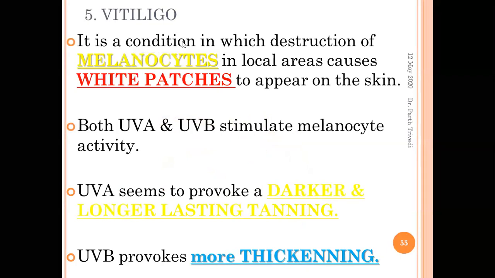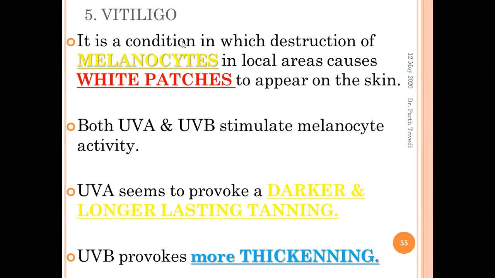Another condition is your vitiligo. It is a condition wherein the destruction of melanocytes occurs. Yes. So practically, if you see, when we had discussed psoriasis, acne, and eczema, what was our purpose? Our purpose was to reduce the skin condition. Even in the wound, we wanted to reduce the infection, whereas in vitiligo, we want to increase the melanin pigmentation.